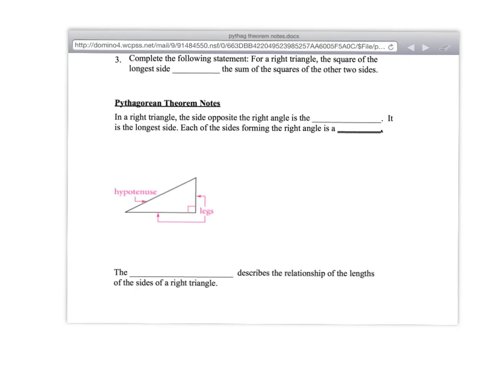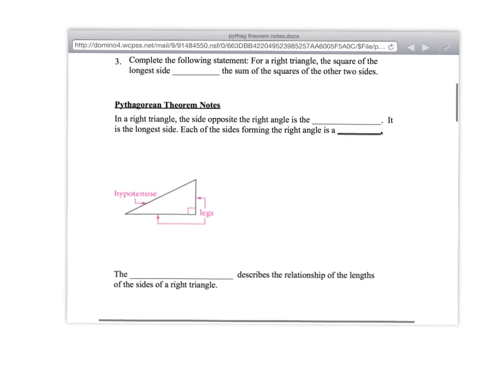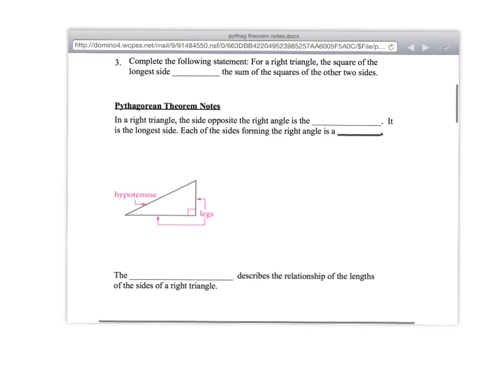Once you have copied down the triangle and the examples of the side, I would like for you to copy down the example of this statement here. In a right triangle, the side opposite the right angle is the hypotenuse.